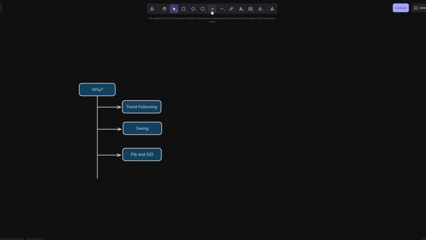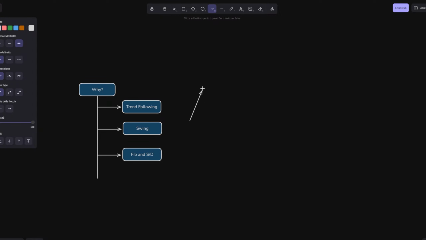If you're not familiar with supply and demand, it's a smart money concept. It works basically like this. So we have an uptrend maybe, and then at the top of the uptrend we make some adjustment, and then we go down.